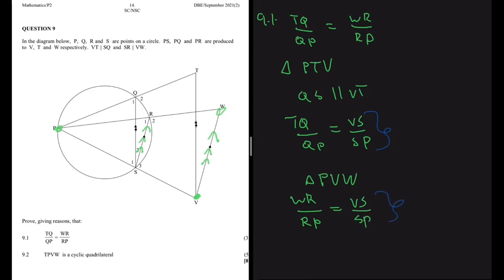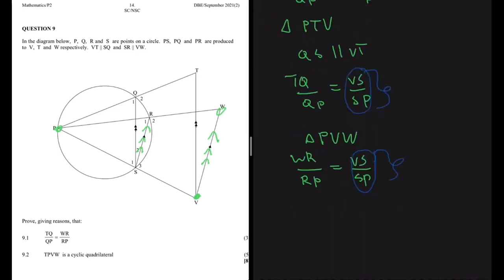I want you to realize something here. We're saying that TQ divided by QP is equal to VS divided by SP, and WR divided by RP is equal to VS divided by SP.